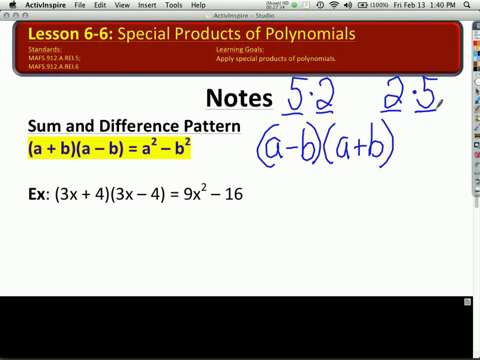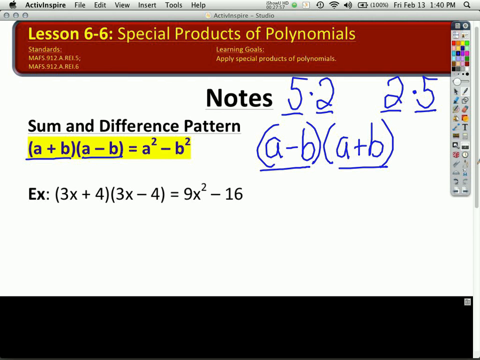You can rearrange them. So here's what we discovered. It goes back to what Tristan articulated so beautifully, is that when you FOIL this situation, the O and the I cancel each other out every time.